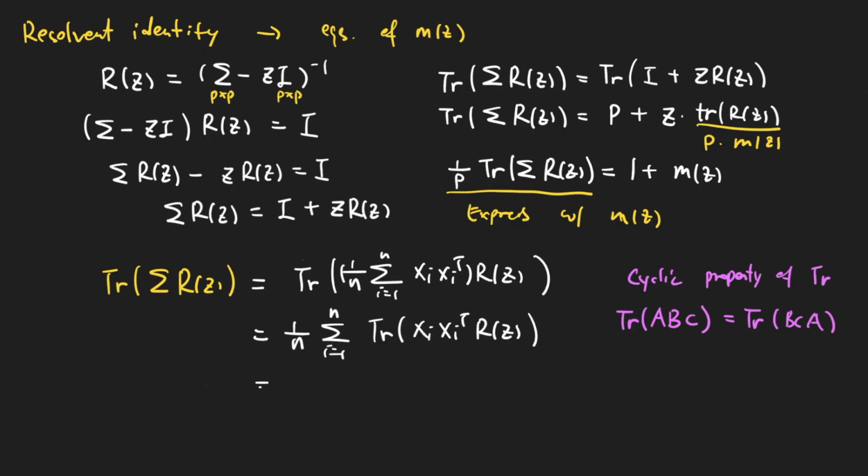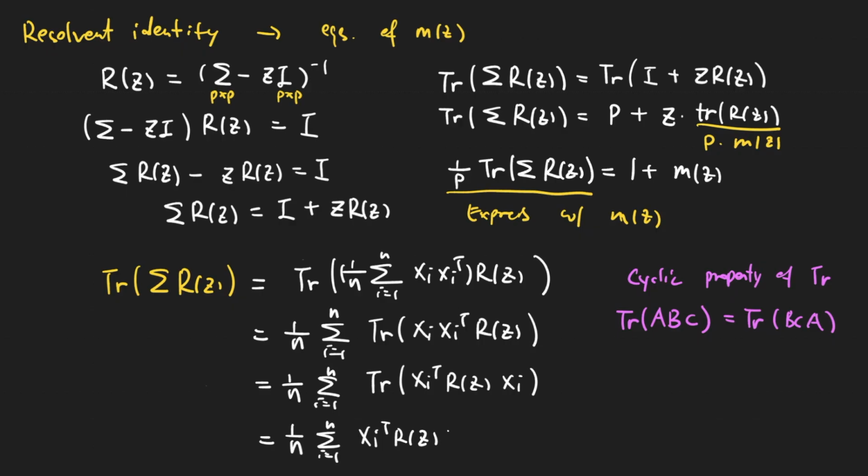So that just equals 1 over n times the trace of xi transpose R xi. And we notice here, since xi is a vector, this is just a scalar. So we can just remove the trace. So that becomes 1 over n times xi transpose R xi.